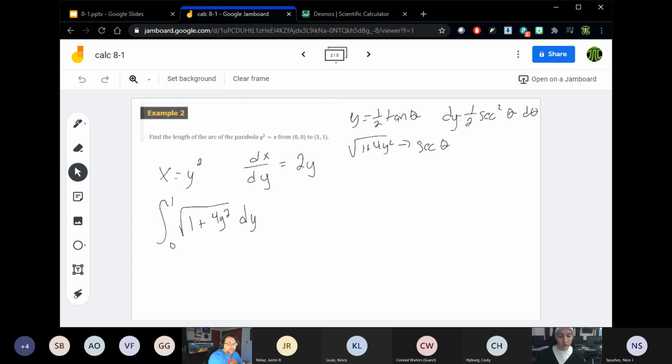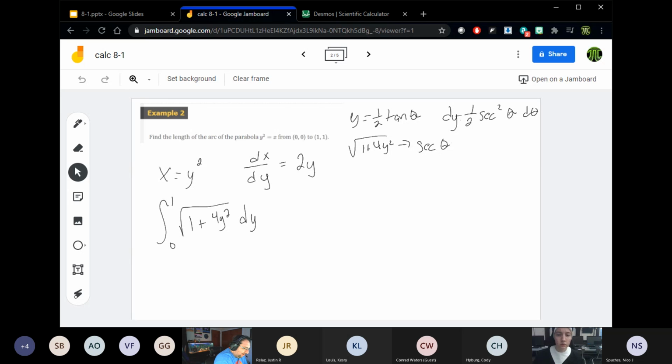So the next thing, since we're doing this as exact values, we can leave the 0 and the 1 there, except then I would have to take whatever I have at the end and go back to x's, which might make it a little harder to do. So let's change those over into theta since we're doing exact values. So I've got y equals 1/2 tangent theta.